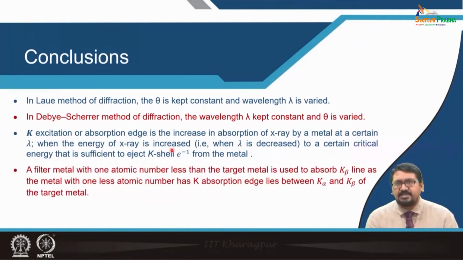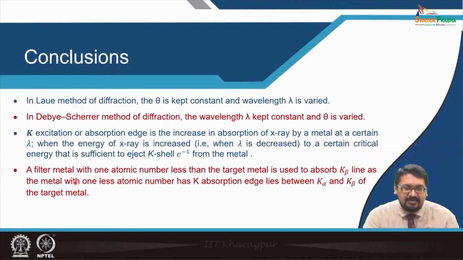This mechanism can be used to make a filter material to filter out K beta radiation and some continuous radiation from the K alpha radiation, so that a higher intensity of K alpha radiation could be obtained.